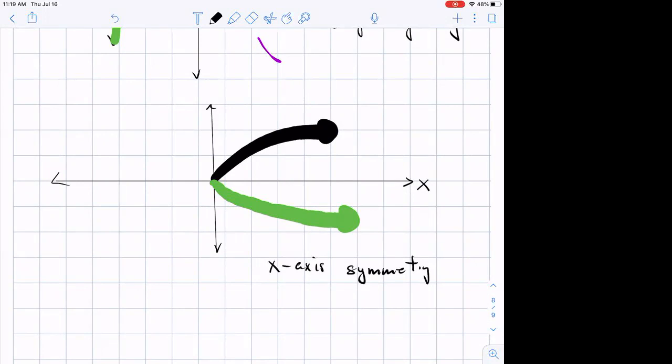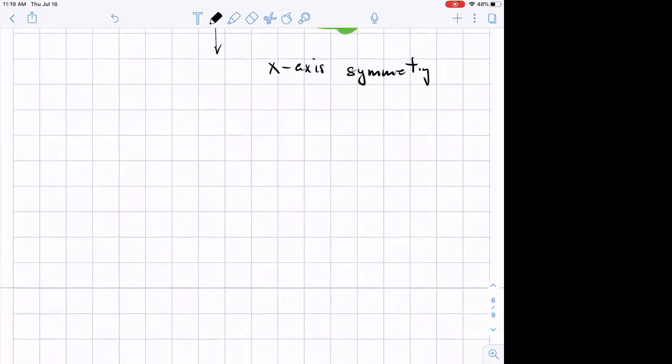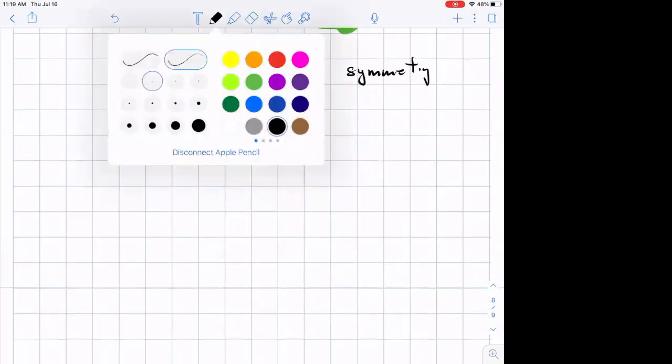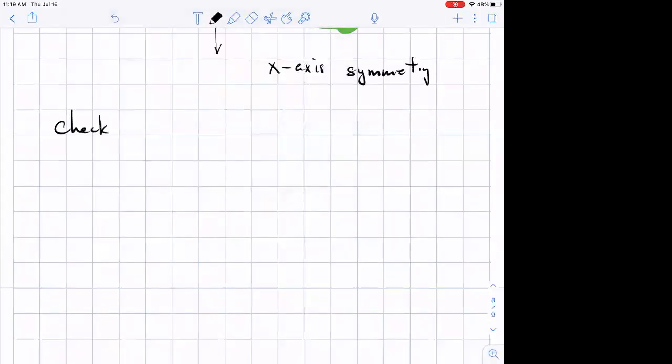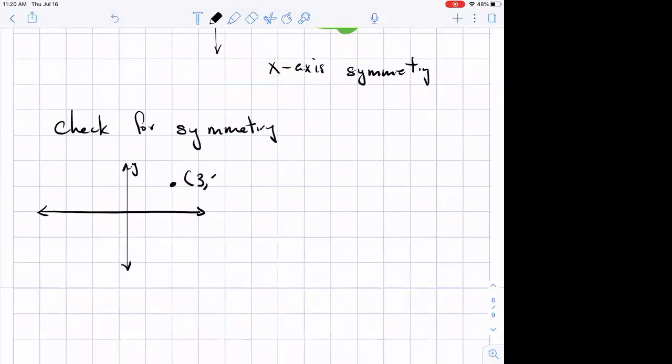The idea of checking for symmetry, guys, please listen carefully, is that if you take an equation and you replace, let's say for y-axis symmetry, so let's say this is the point 3, 5, and you reflect this point along the y-axis, that point will be somewhere over here.